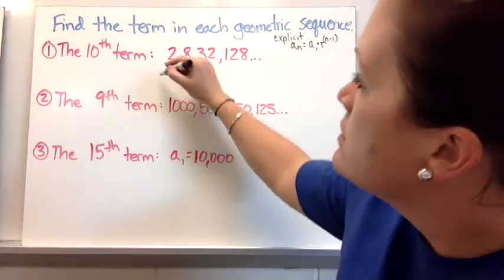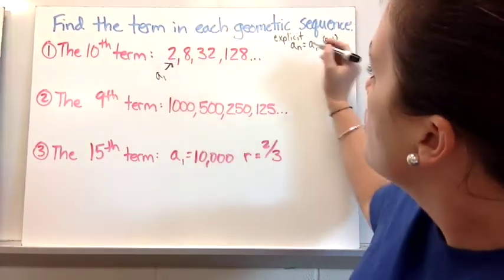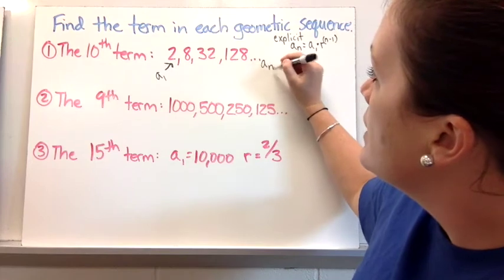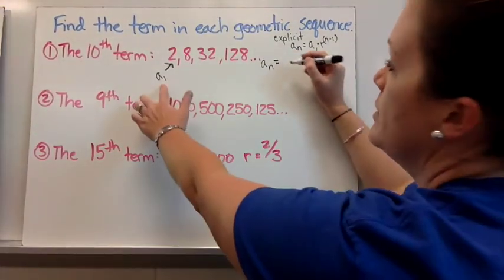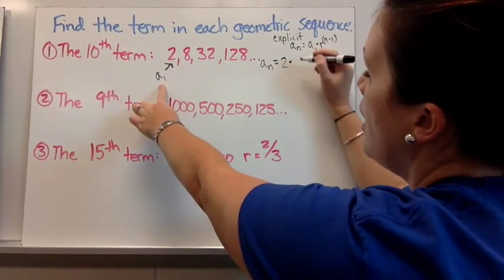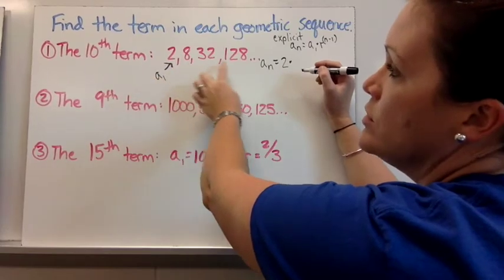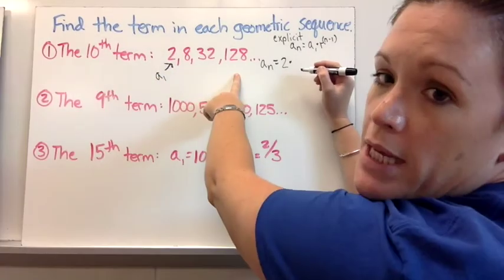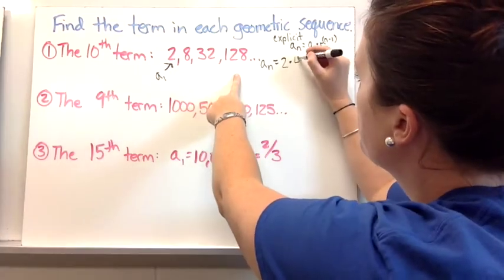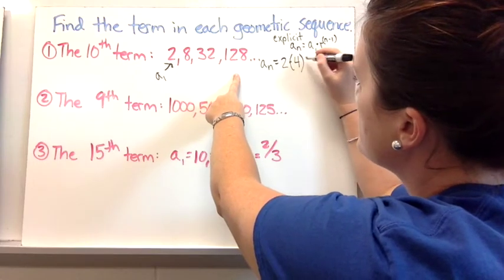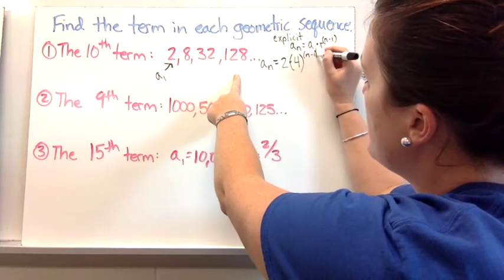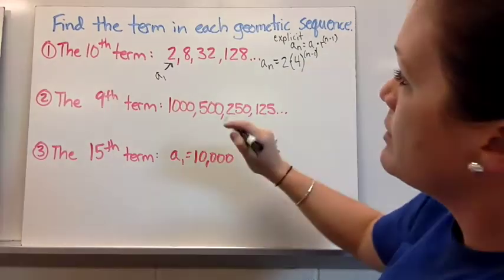A sub 1, our first term, was 2. So I'm going to put any term in this sequence would be the first term times the common ratio. See what's happening there? It's multiplying by 4 each time. I like to put it in parentheses. And then n minus 1 is my exponent. It's a little crowded, but it'll be all right.